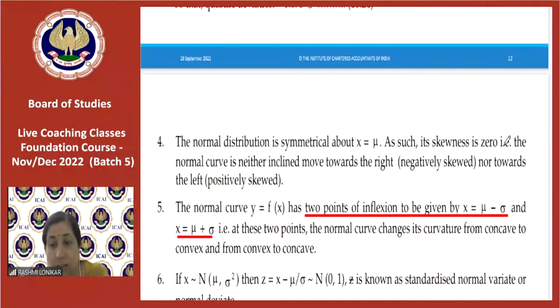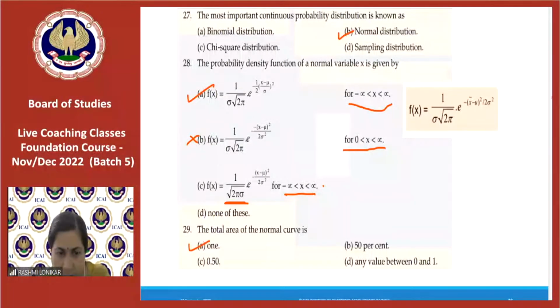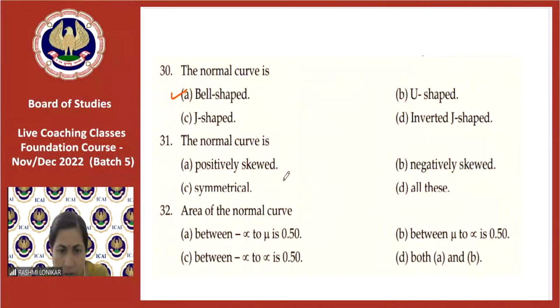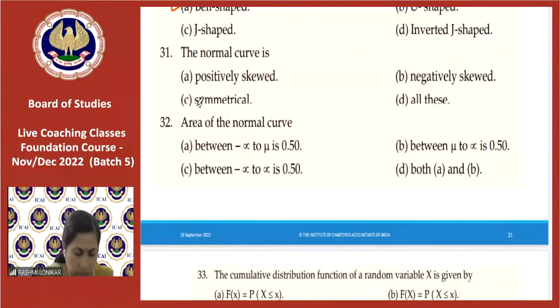As such, its skewness is 0. So when we are talking about the 31st, the normal curve is, yes, Sahaspreet, Himanshu. 31, what is the answer? Zeba? Yes, symmetrical, very nice. It is neither positively skewed nor negatively skewed. It is symmetrical. What is the area of the normal curve?